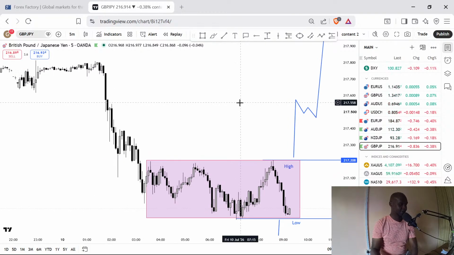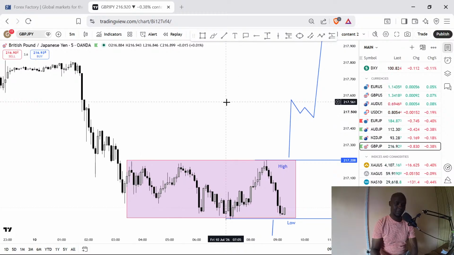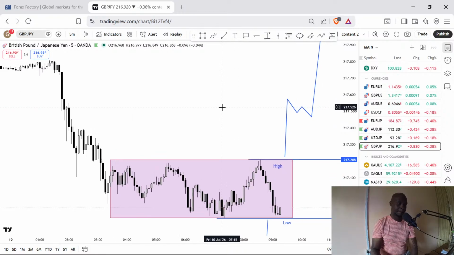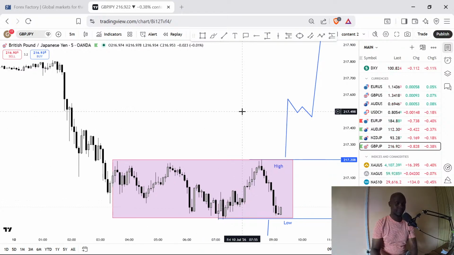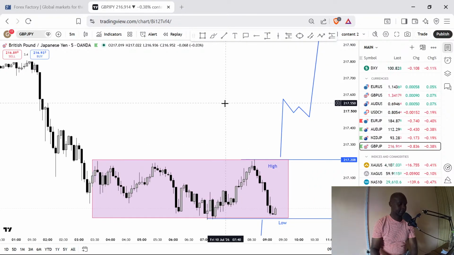I don't know how you guys performed in the markets this week. Anyway, for now we have to just wait and see how JPY is going to react.